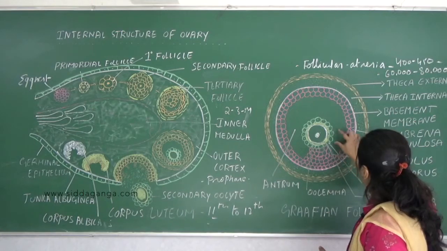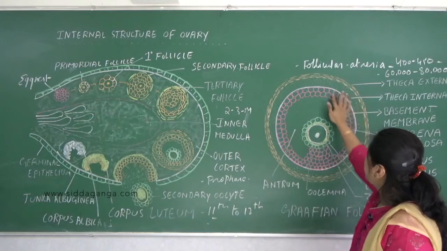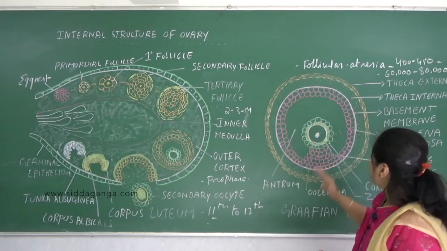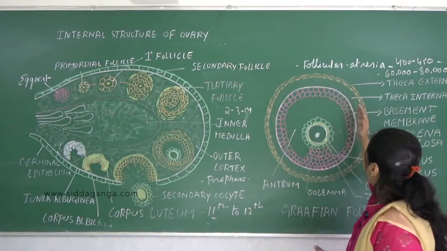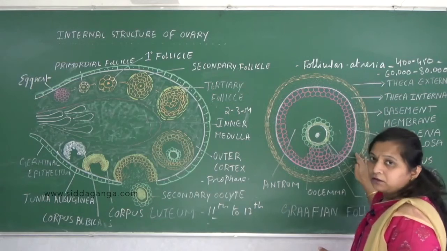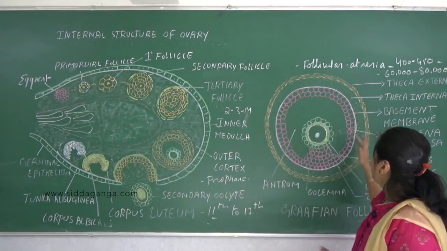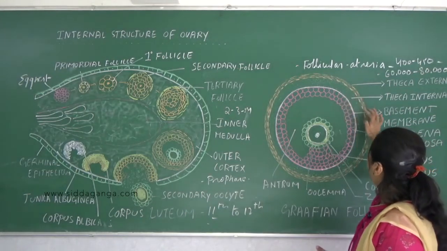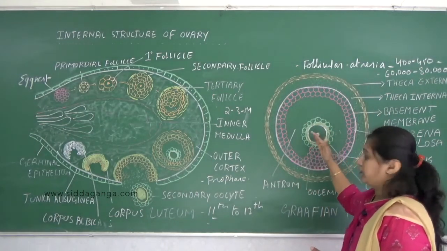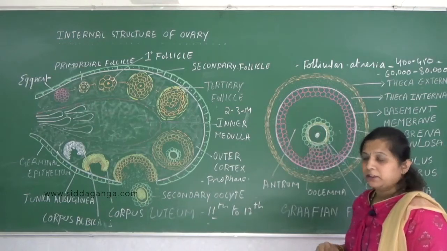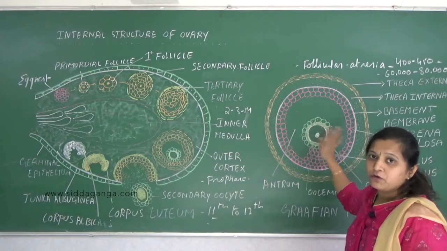Surrounding the antrum are three to four layers of granulosa cells, called the membrana granulosa. Outer to it is the basement membrane, then the theca layers. The theca interna is a highly vascularized, glandular layer, and outer to it is the fibrous theca externa. You have to remember the layers from inner to outside. This is the structure of the mature Graafian follicle, which will undergo ovulation.